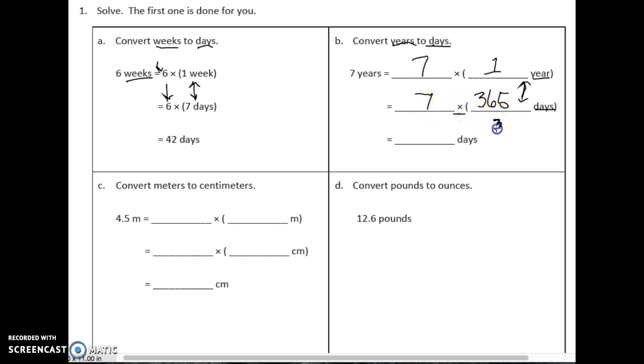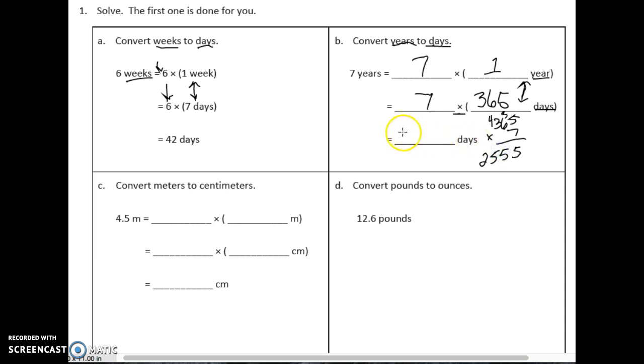So if we take 365, we're going to say 7 sets of them. 7 times 5, 35, carry our 3. 7 times 6 is 42, 43, 44, 45. So we make our 5, we carry our 4, and then 7 times 3 is 21, plus 4 gets us 25.